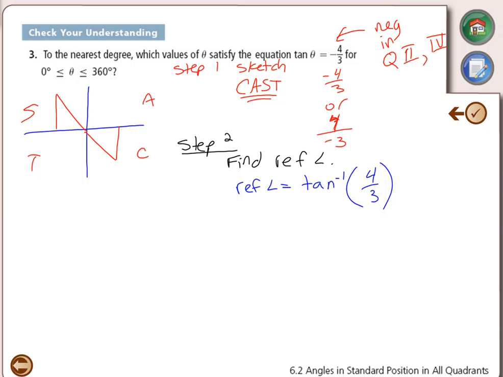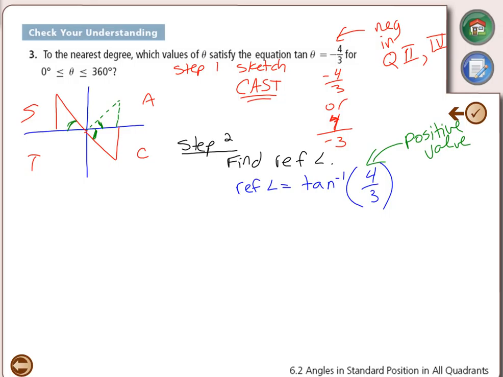It is the positive value here. The positive or negative just told us where to draw it. The value now is what we're going to use. We're going to trick the calculator into thinking we're talking about quadrant 1, and we'll find the reference angle inside, and that will be the same reference angle in the other two sides.